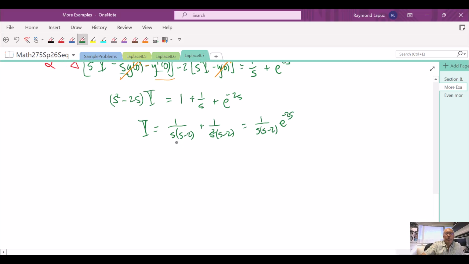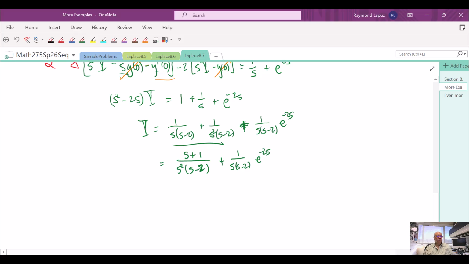I think if I combine these two, this will have an s on the numerator and a 1 for the second one. S squared, s minus 2 as your denominator, and this was a plus, I believe, 1 over s minus 2 e to the negative 2s.